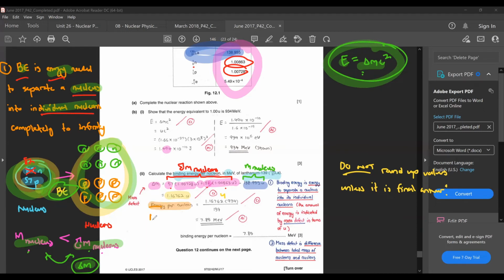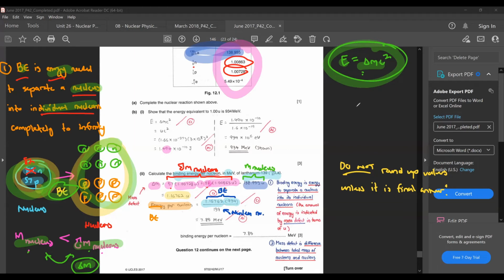This one should be binding energy per nucleon, right? So what I'm doing here is this. I took the mass defect, 1.16762 U, and subsequently multiplied with 934. This one is my binding energy. The one at the bottom here is my nucleon number.